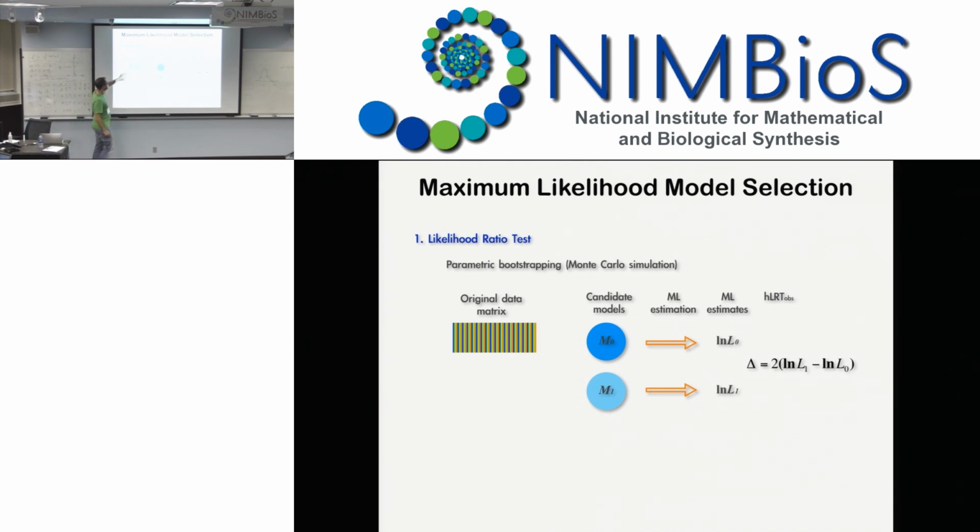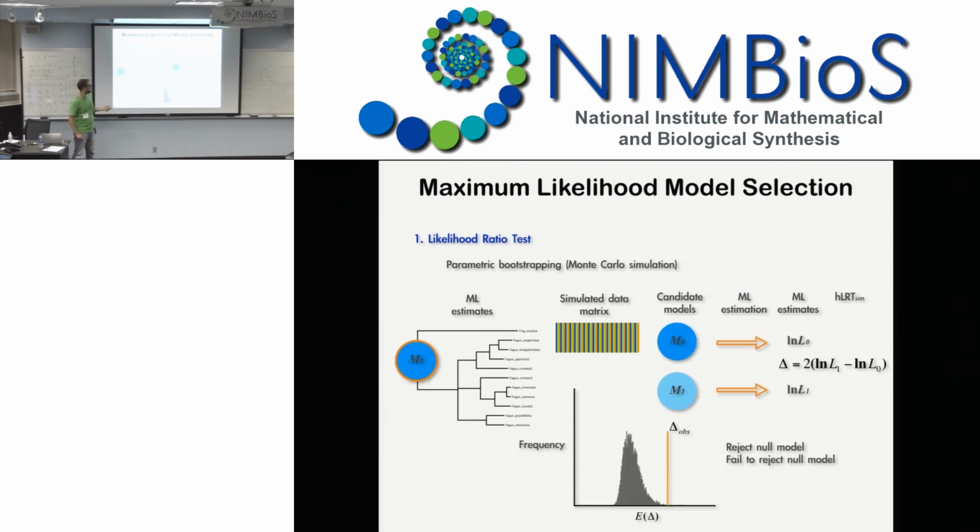Generally in phylogenetics, we take our original data set, we have the 2 candidate models, we do maximum likelihood estimation, get the likelihoods under those 2 models, and compute the delta. The problem here is, what is a significant delta? As I said before, we could assume that the delta follows a chi-squared distribution with the given degrees of freedom. But it has also been shown that that is not always appropriate for phylogenetic models.